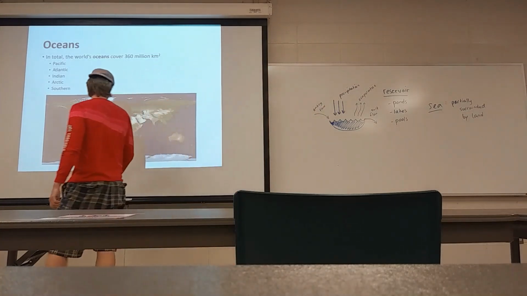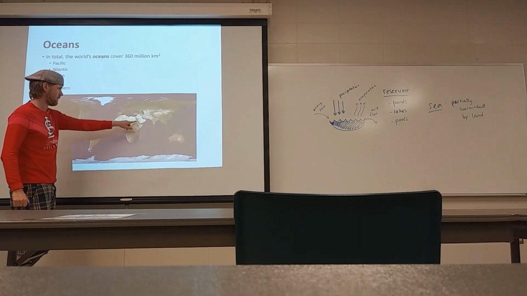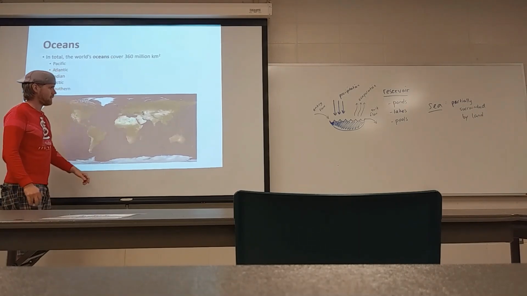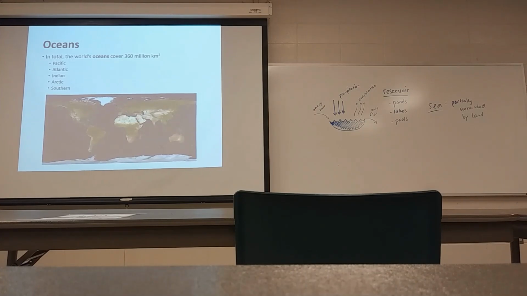Some of the more famous ones, Mediterranean, Baltic, Red Sea. Right? So seas partially enclosed by land, but ultimately most seas are still connected to the ocean and are also salt water.